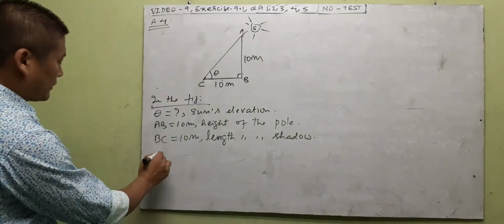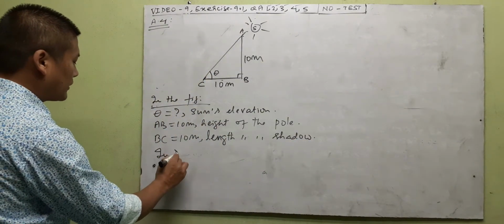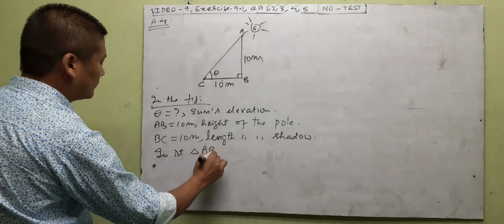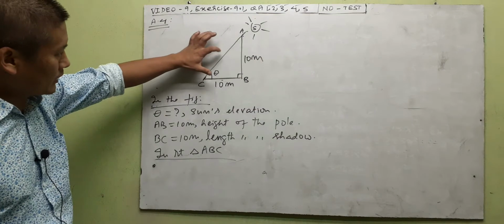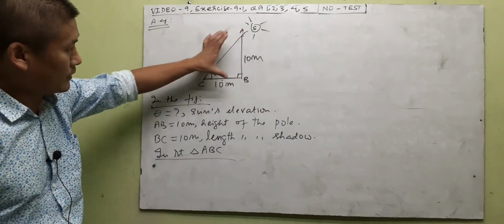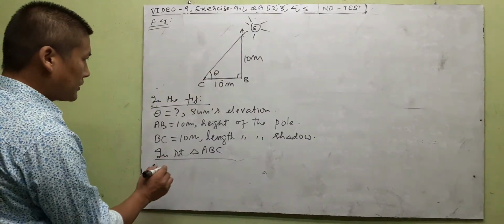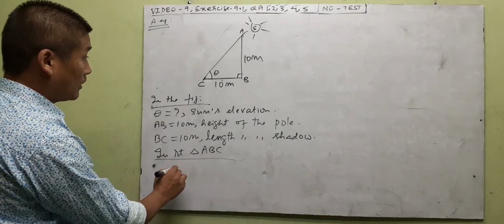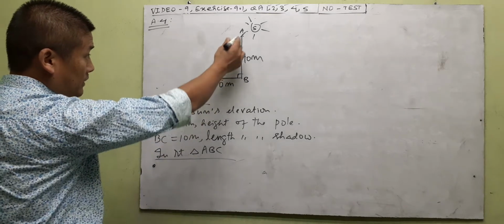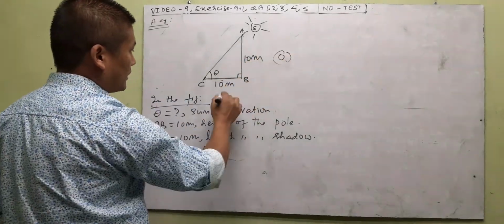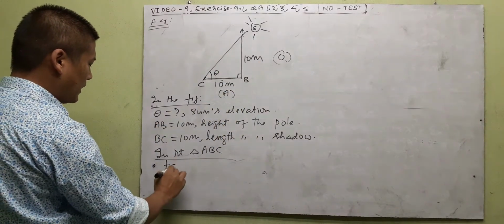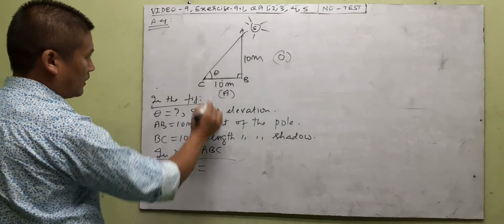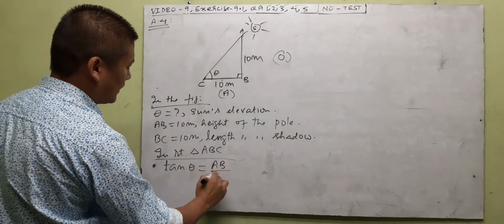So now we can write here in right triangle ABC. Now comparing to theta, don't take the unknown side, take the two known sides, 10, 10, AB and BC. Compared to this, AB is opposite and this is adjacent. So opposite by adjacent, tan theta is AB by BC.